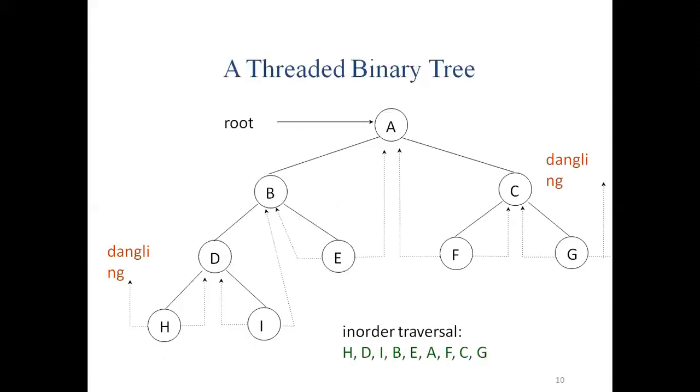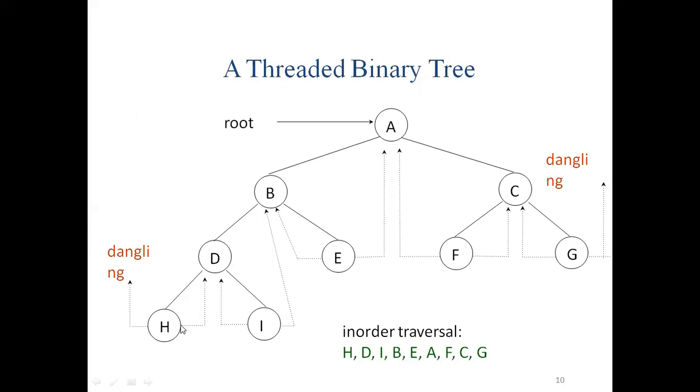So again, one example. So this is a given binary tree. The left and right pointers of leaf nodes are null, because as they are leaf nodes, they don't have any further child. So for leftmost and rightmost field of the tree, they are dangling or they are null.